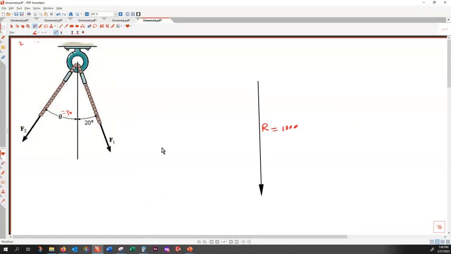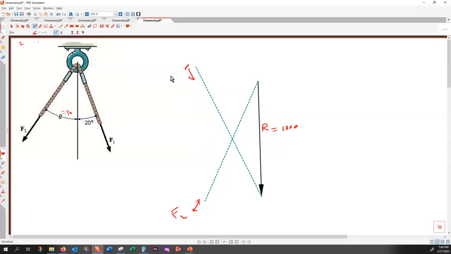So far, so good. And then from end of this vector, I'm drawing one line parallel to that. So let me draw a line parallel to that. So this line is parallel to this. And from the beginning of that, I draw a line parallel to this. So that should be the direction of the F2.